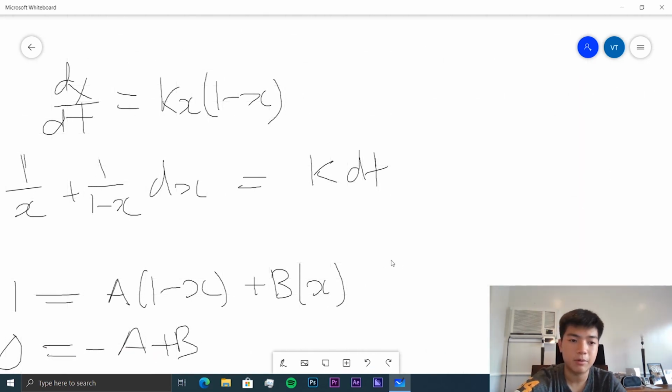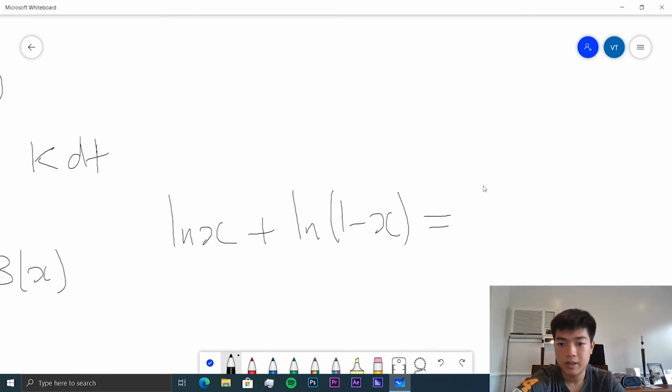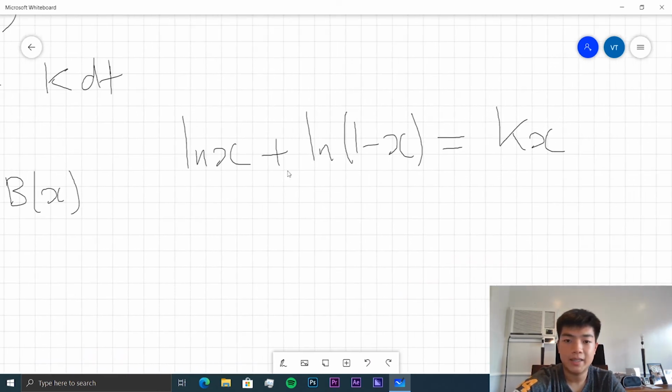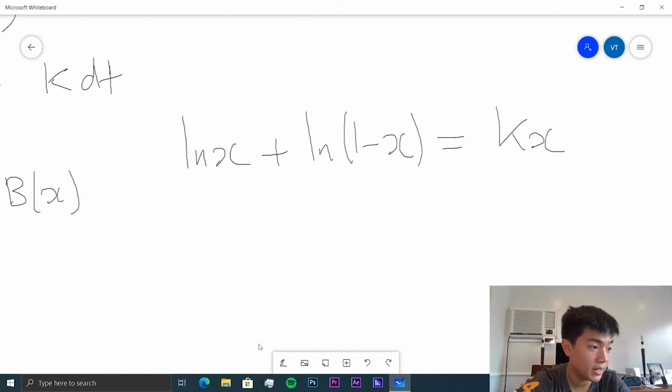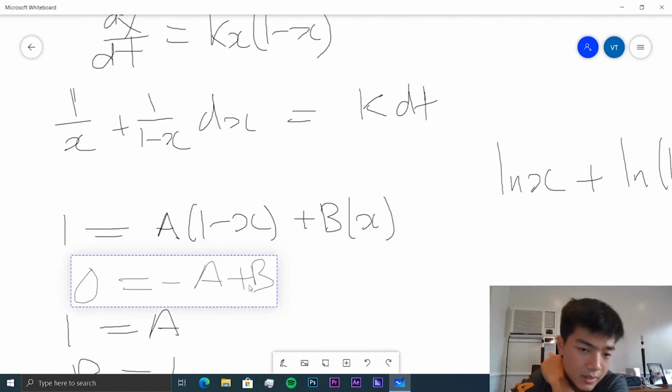So if we integrate both sides, we end up with ln x plus ln (1 minus x) is equal to the integral of k dt, I believe. Sorry, is this plus or minus?